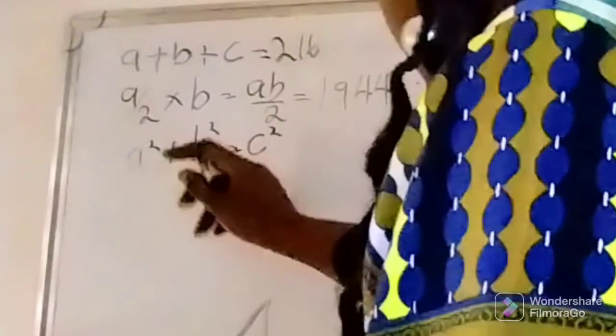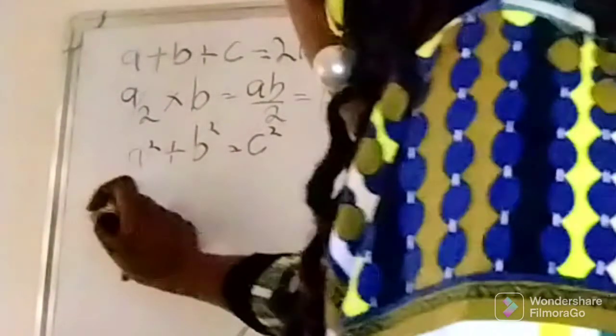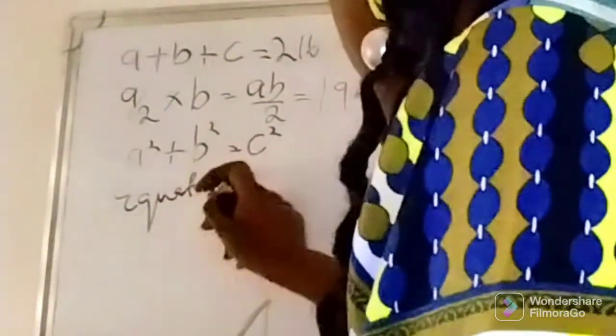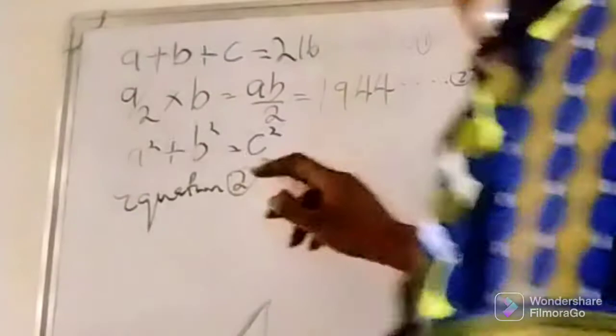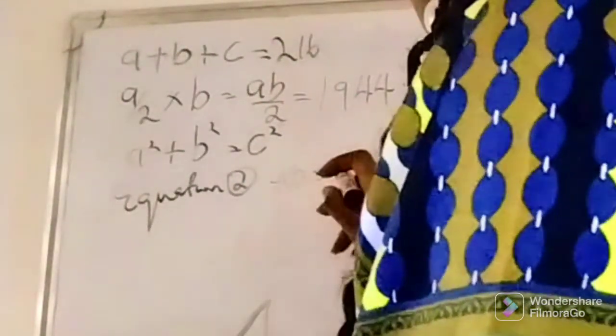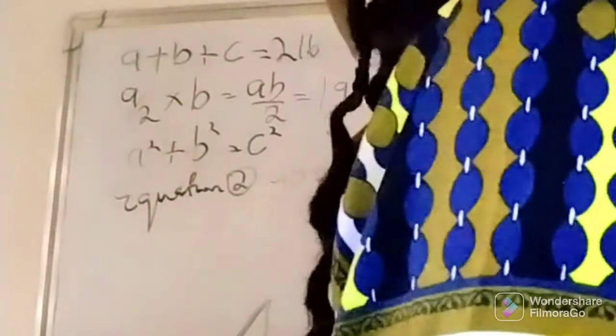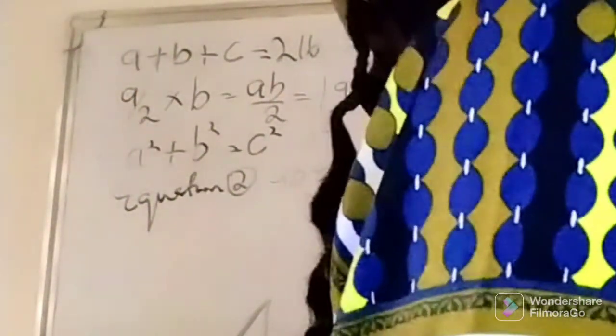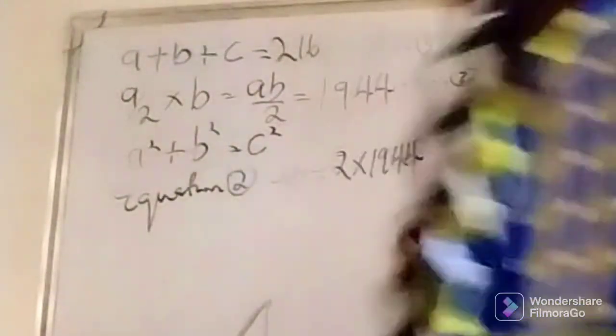So let's say we'll take this equation 2. Okay? So we can say AB is equal to 2 times 1944.